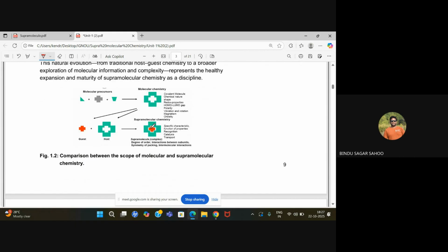But between the red guest and the green host complex, the interaction is non-covalent. It may be a weak interaction, but when these interactions continue throughout the lattice, they make a stable complex overall.